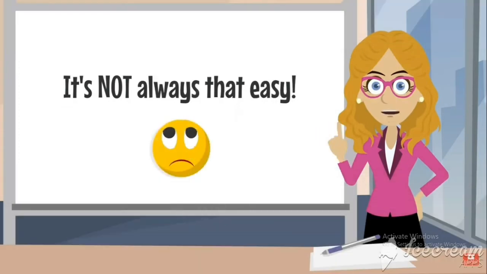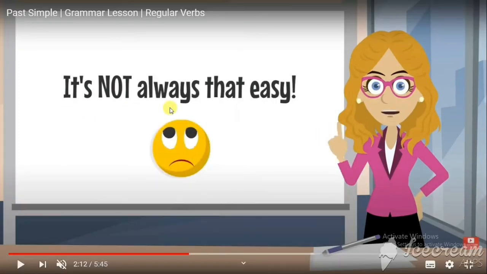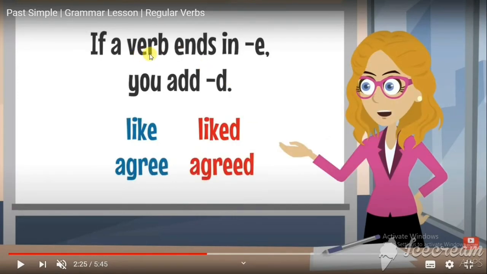But it's not always that easy. We have some rules in adding ed to the verb. If the verb already ends in e, we only add the letter d. Like the verb like. Like ends in e, so we don't add another e.